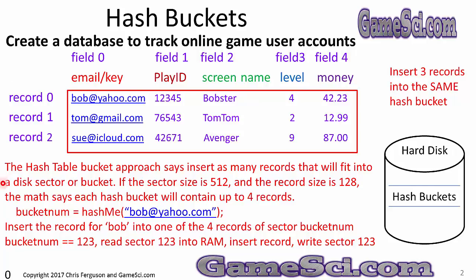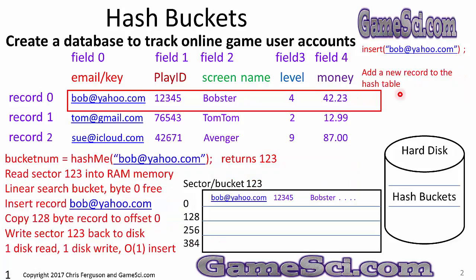If the sector size is 512 and the record size is 128, the math says each hash bucket will contain up to 4 records. So we'll do a bucket number equals hash me and pass it the key, bob@yahoo.com. We want to insert the record for Bob into one of the 4 records of sector bucket number. If bucket number equaled 123, then we'd read sector 123 into RAM memory, insert the record for Bob, and then write that sector back out to disk to preserve it when the power goes off.